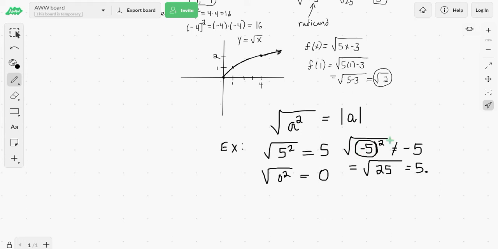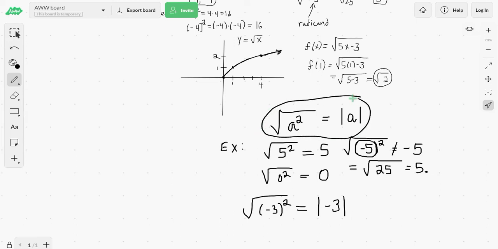So the square root of negative 3 squared is the same thing as the absolute value of negative 3, so this is just 3.